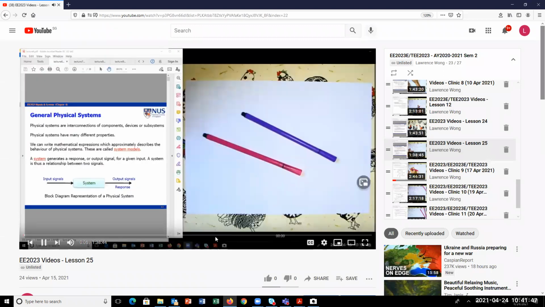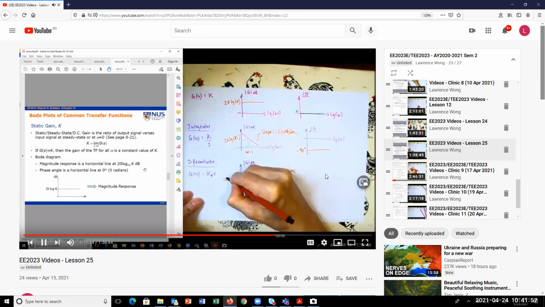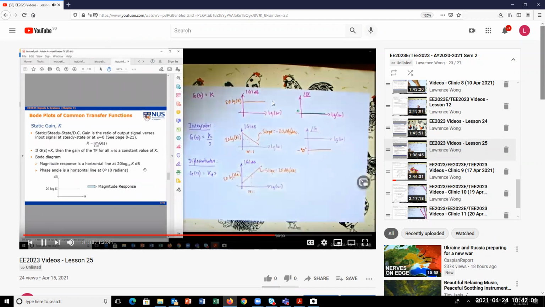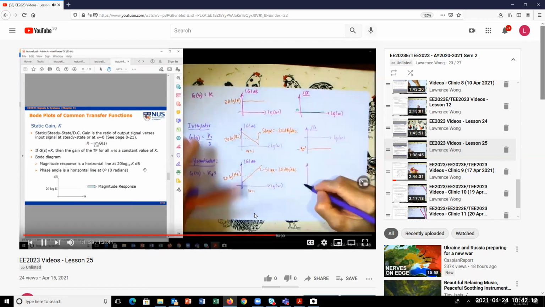All the revisions are inside here. So where are we now? We're probably at this point here. You see, I give all the key points here. This is for K, G(s) is K. This is for the integrator, this is for the differentiator, and so on. All of it is there.